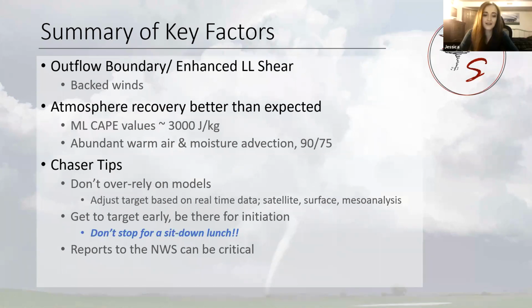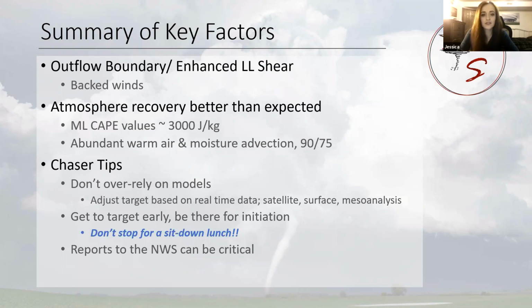Exactly. And like you said, not over-relying on models. The models are a great resource to give us an idea of trends and patterns that might indicate a day with potential for good storms and tornadoes. But it's not until the morning of a chase that you're looking at mesoscale analysis, satellite data, and observed soundings.